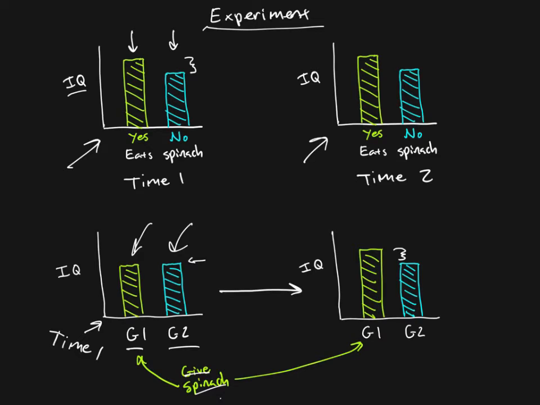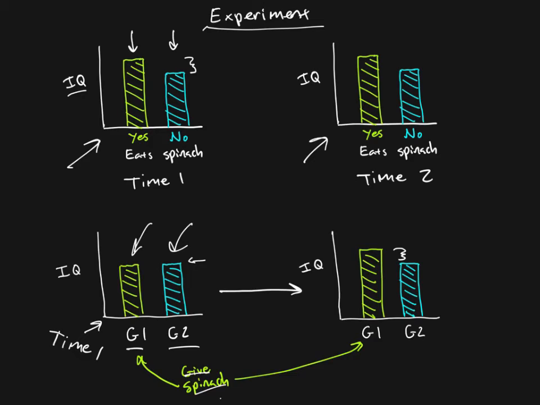The participants are on average the same between these two groups, and if just changing the one thing gets a change in something else, we should be pretty confidently able to say that the change we made, the thing we manipulated, in this case giving them spinach, caused the other change.